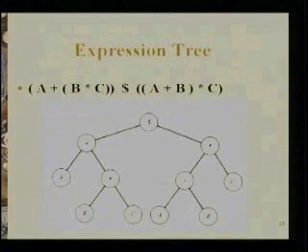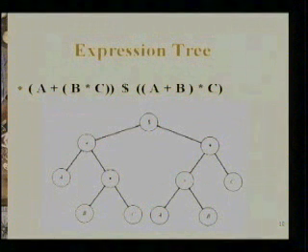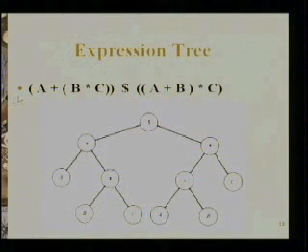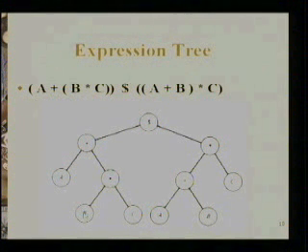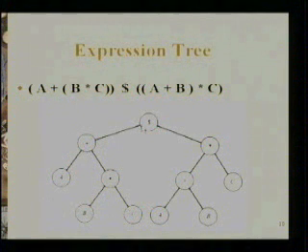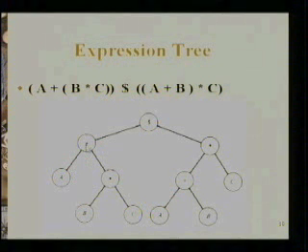Next comes the expression tree, where you will be representing different expressions in the form of a binary tree. This is very much self-explanatory, but still I will explain a bit. A plus B star C dollar A plus B star C. So here you are traveling to A, and then you are printing plus, again you are going to B. It is nothing but in-order traversal.